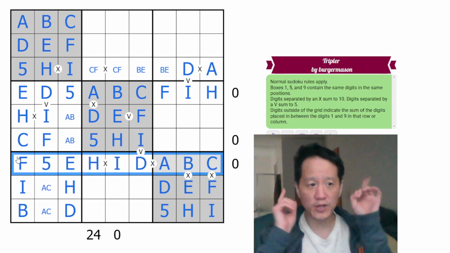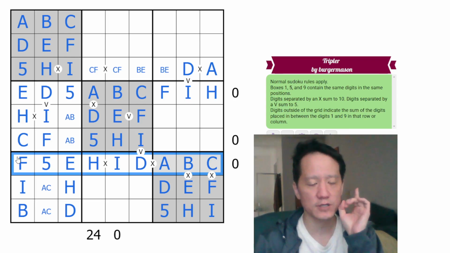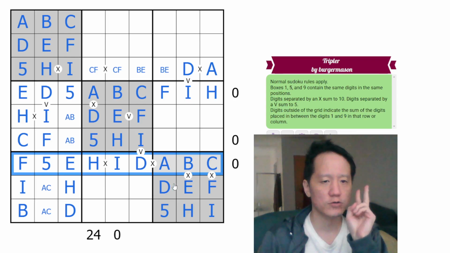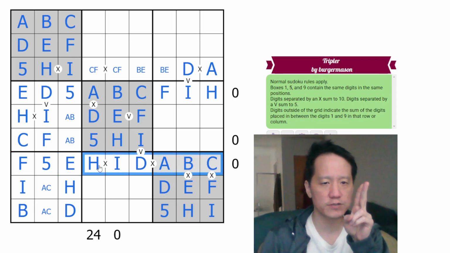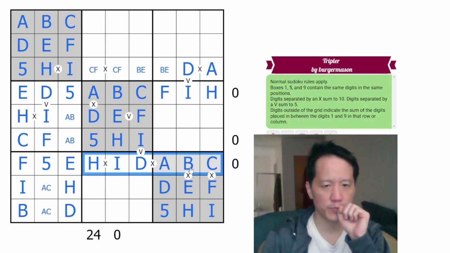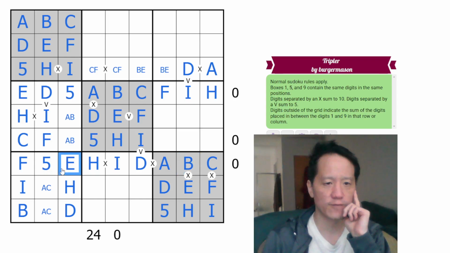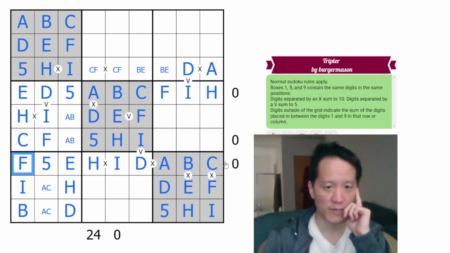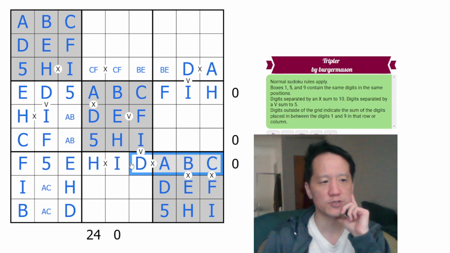And we know they add up to 10. So the possibilities have to be AD or HI for this, right? Well, B adds up with 10 to E, but they have a huge gap in between them. Therefore, they cannot be the 1, 9. C and F also have a huge gap in between them, so they cannot add up to 0 in between those. So it must be A or D, and it must be I or H.